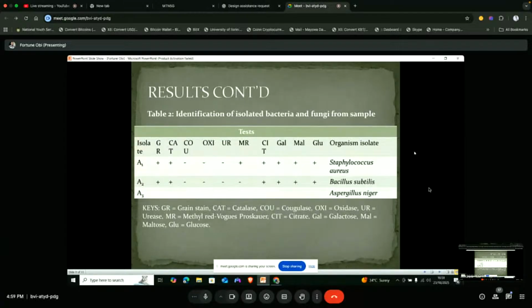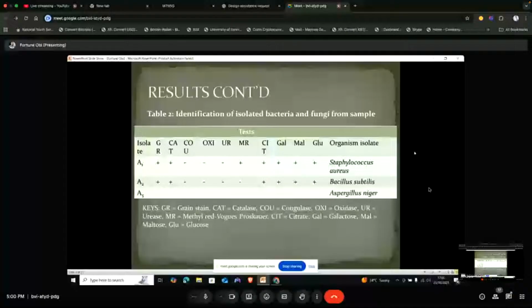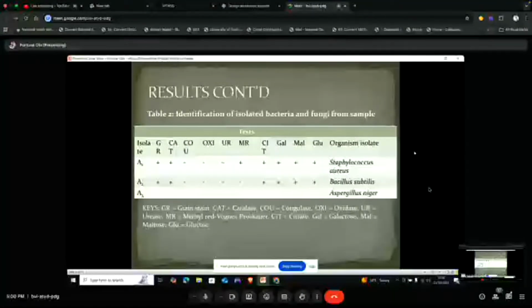We were able to recognize Aspergillus niger just through the morphological shape, because when we culture it, we see Aspergillus niger very well in terms of its shape on the plate used to culture it. So that was why I didn't run a biochemical test on the Aspergillus niger.